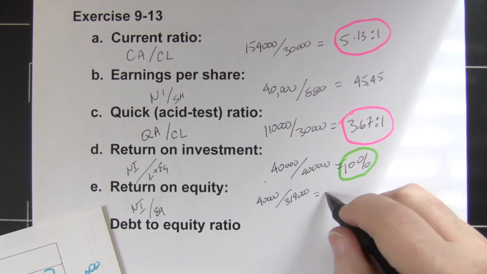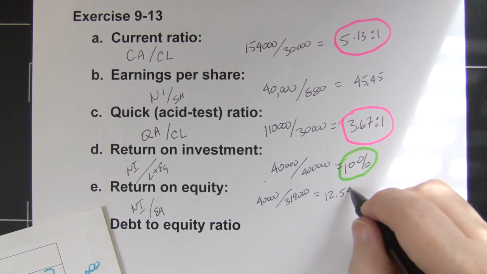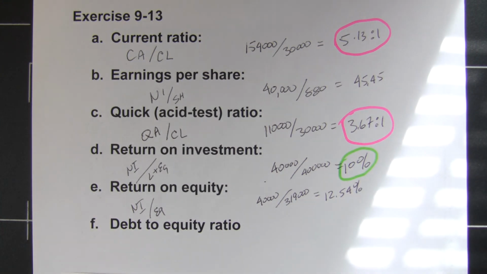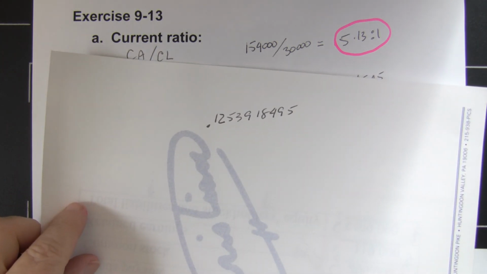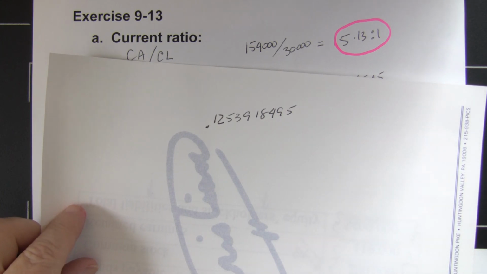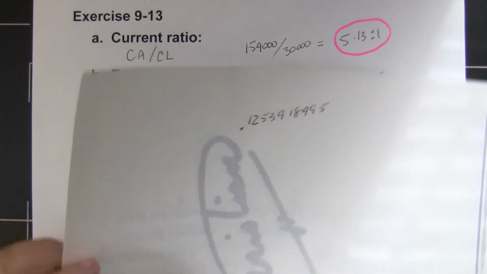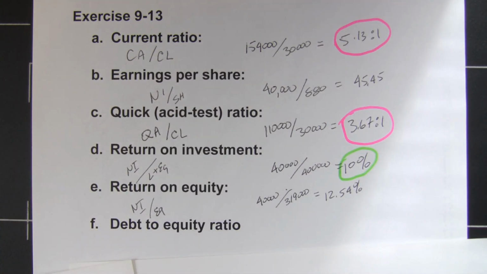Which I'm going to put at 12.54%, but I know some of you are precision folks. If you want the full 10-digit number, there it is. I think that's a little excessive since we're basically talking about dollars and cents, but 12.54% is the return on equity.